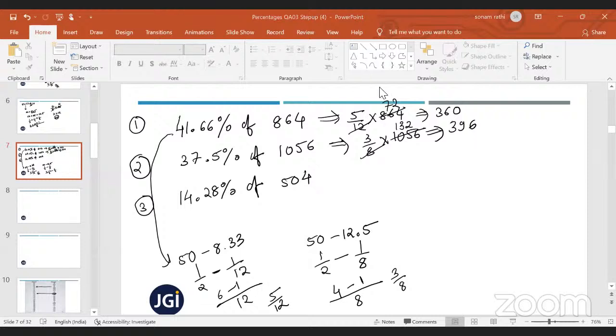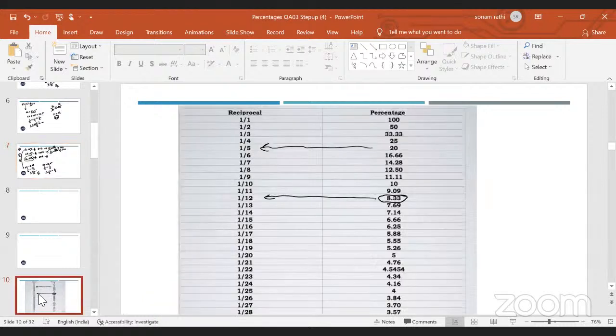Okay. Question number 3. Now look into your list. Is this number directly available in your list? Check your list. 14.28. Yes, it is there. 14.28 is what fraction? 1 by 7.